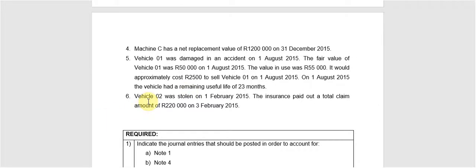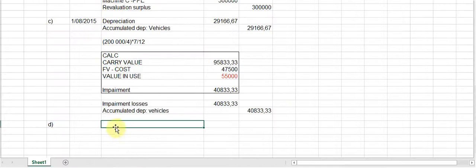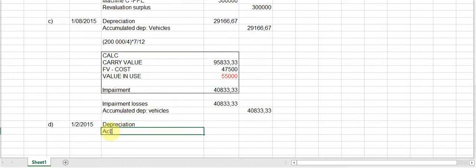The insurance paid out a claim of 220,000 Rand on 3 February. Right, so what do we do when something is stolen? Well, on the 1st of February, we will have to first indicate depreciation on this asset. So it's going to be depreciation and accumulated depreciation that we use here.